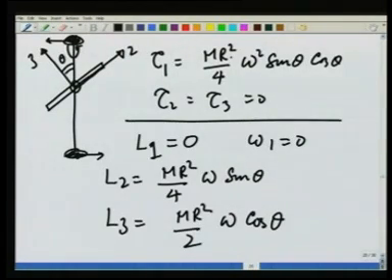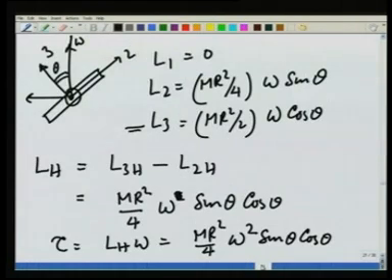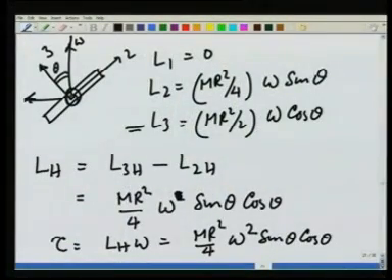Tau 1 equals mr square over 4 omega square sine theta cosine theta in direction 1, and here also we see that since this horizontal component is pointing towards the left, it will be coming out of the screen as the disc rotates, and therefore again it is in direction 1.